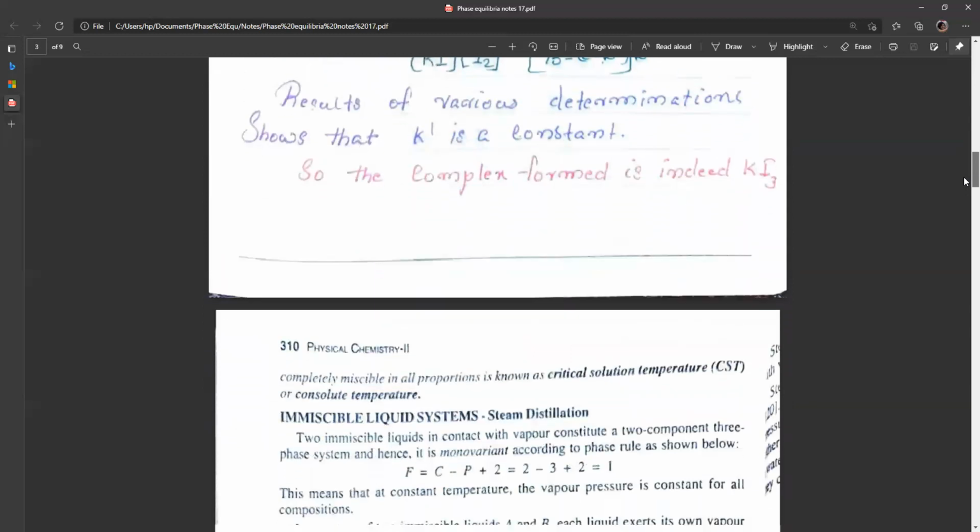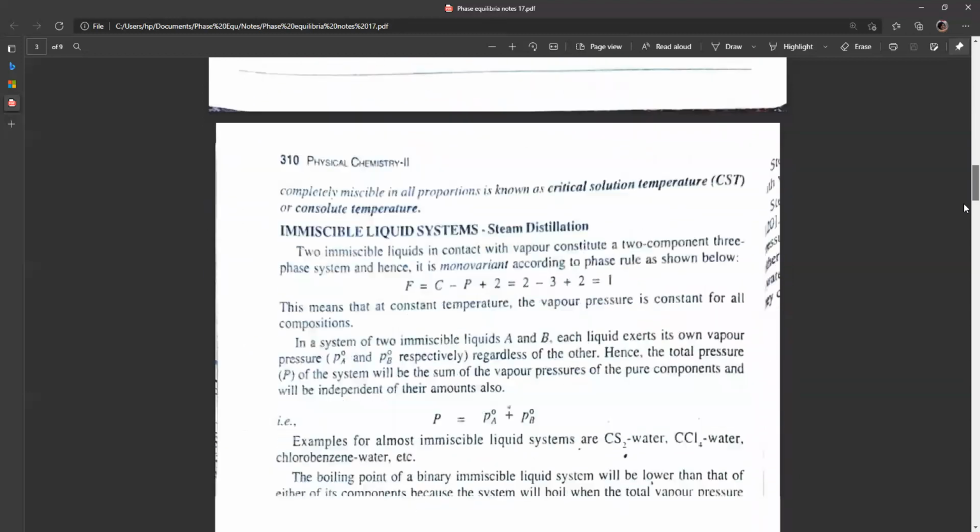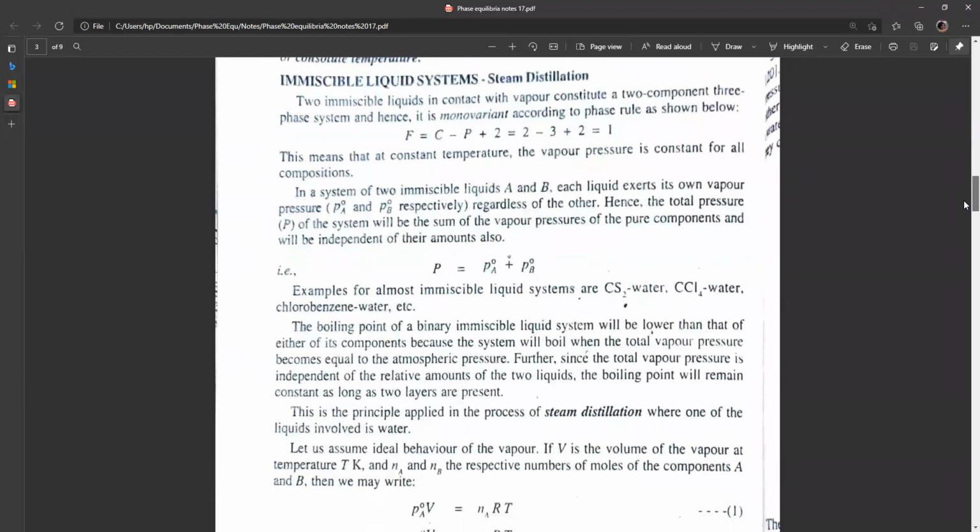Now, another important topic in phase equilibria is steam distillation, that is, systems which are immiscible.